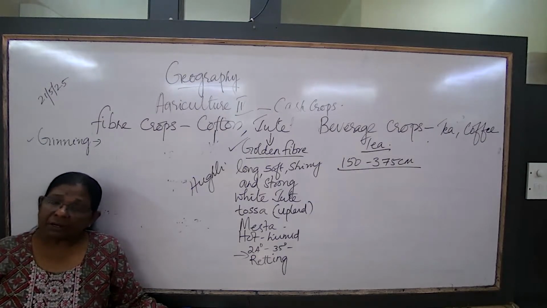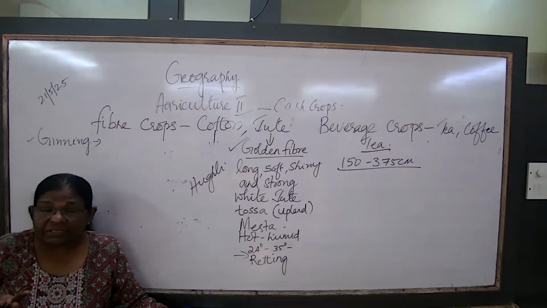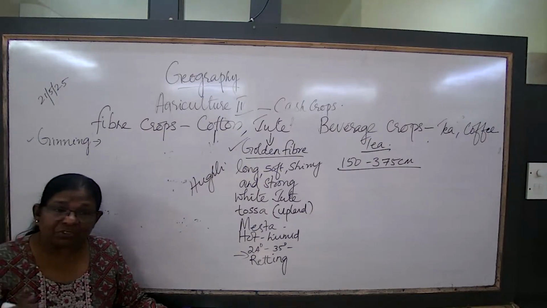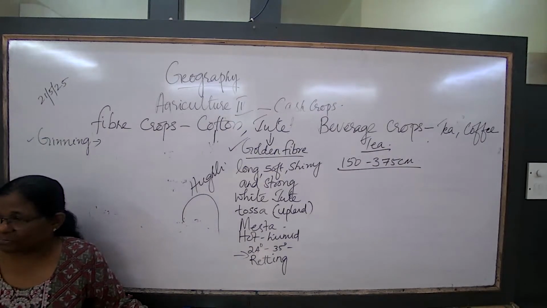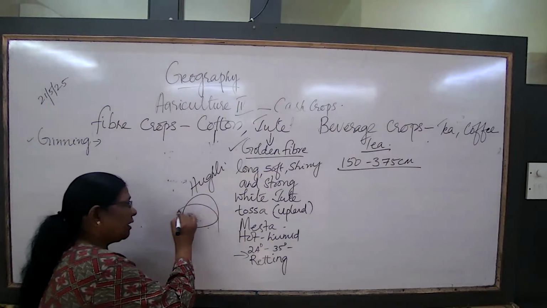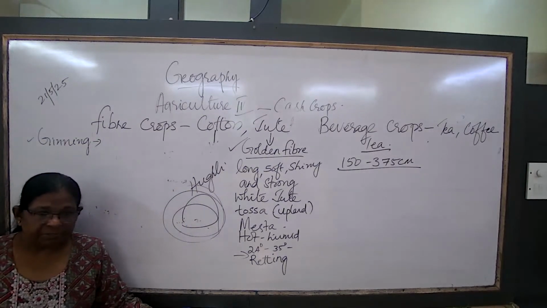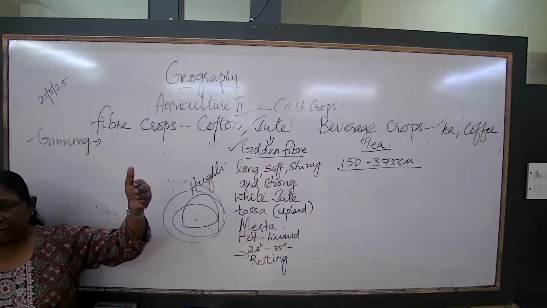It requires fertile soil, rich in nutrients, the humus and all, and it is mostly grown in hilly areas. But in the hilly areas, it is grown in a roundabout way. Understood? So why is it grown like that?